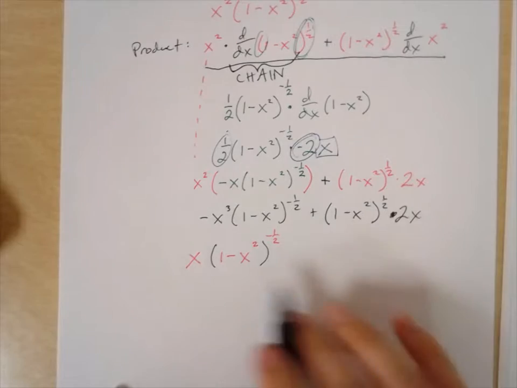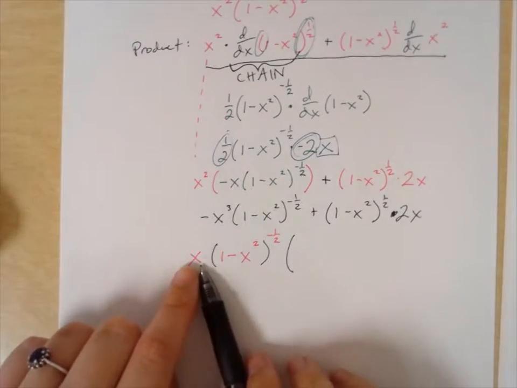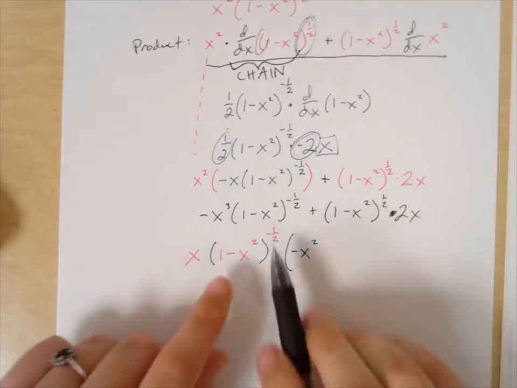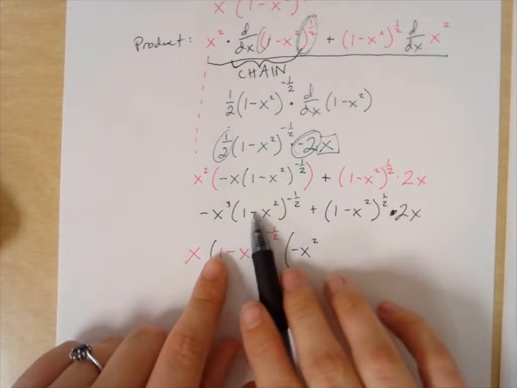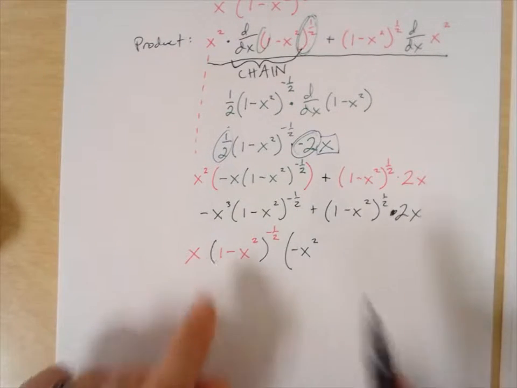To the -1/2. And then here's what we would have. If we took out an x from right here, we would have a negative x squared. And if we took out the 1 minus x squared to the -1/2, then we don't need to rewrite it in here. We can just say plus.